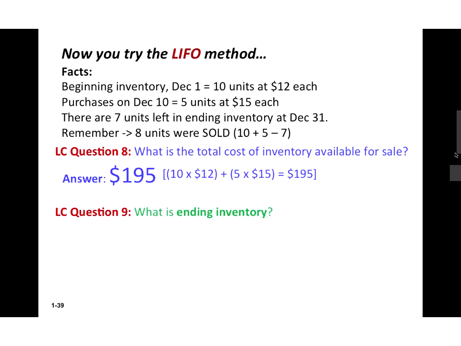There were 10 units in beginning inventory. I only have 7 in ending inventory, so they're all coming from beginning inventory. So my cost of ending inventory is going to be 7 units at the $12 cost.